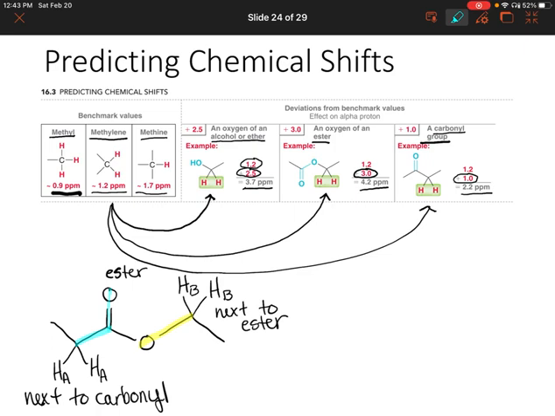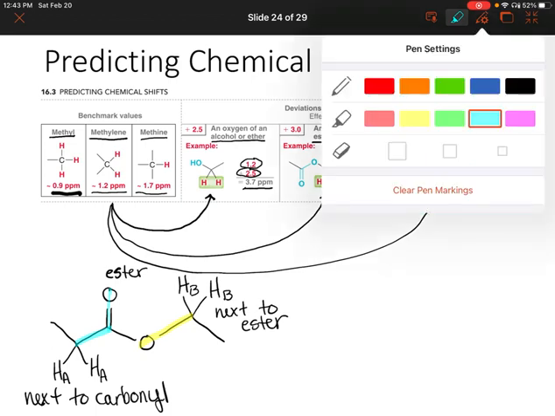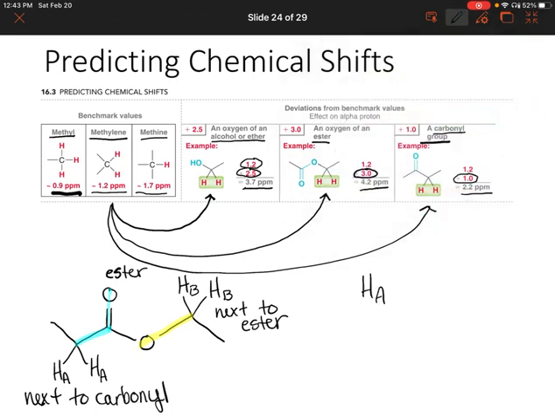So now let's see if we can predict where these will show up on an NMR spectrum based on our diagram up above. All right, so HA is part of a methylene group. So we would expect it to normally show up at 1.2 parts per million, but because it's next to a carbonyl group, we're going to add 1.